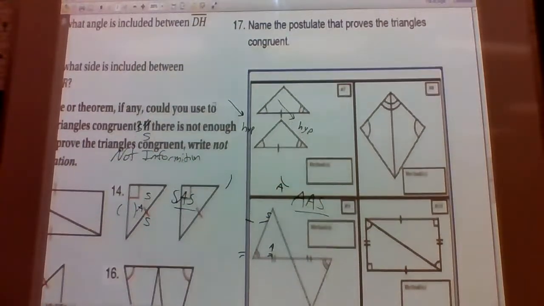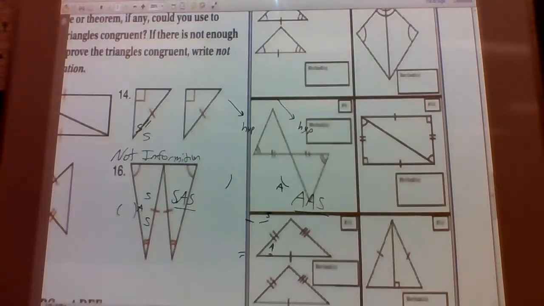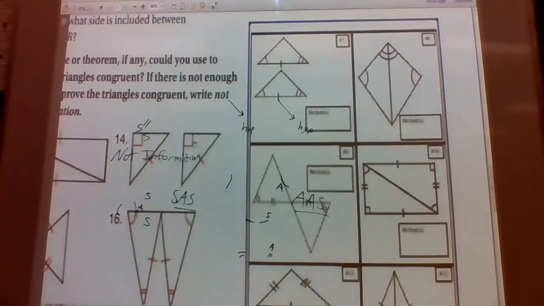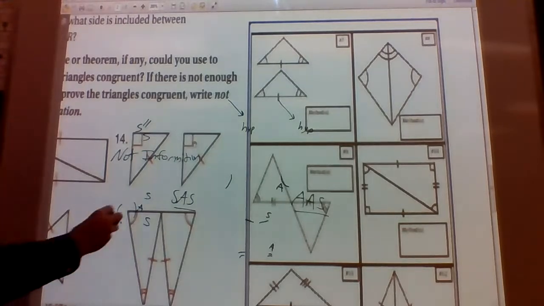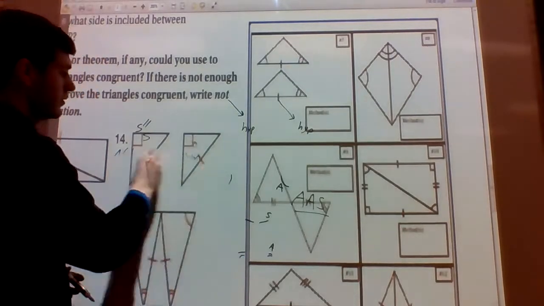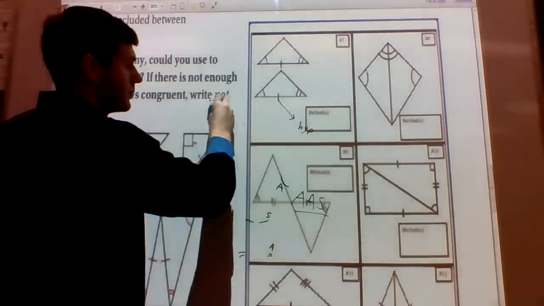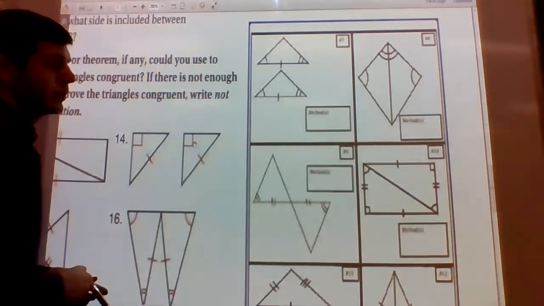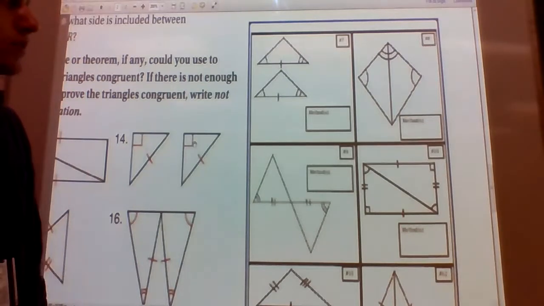Okay, 19, we're going to name the postulate that proves the triangles congruent. Okay, so we have 6 of them. So let's name the postulate that shows that the triangles are congruent. The first box here, we have 2 triangles, 3 corresponding parts that are congruent.